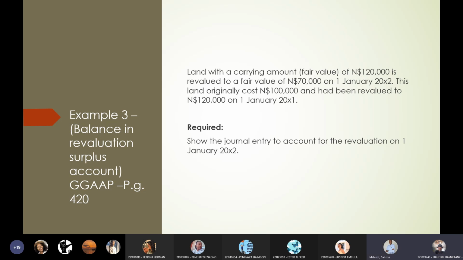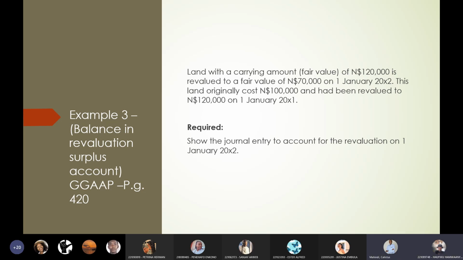The question is as follows. Land with a carrying amount, fair value of 120,000 is revalued to a fair value of 70,000 on 1st of January 20x2. This land originally cost 100,000 and had been revalued to 120,000 on 1st of January 20x1.